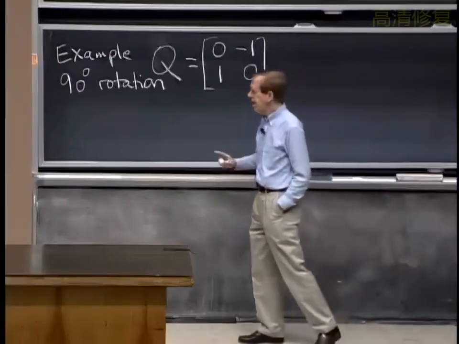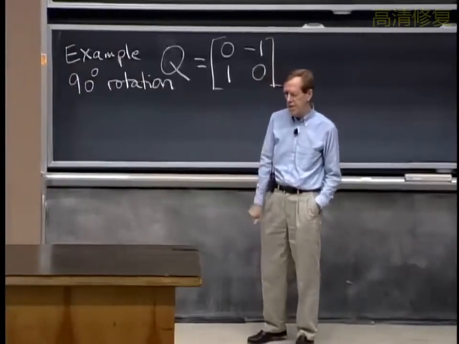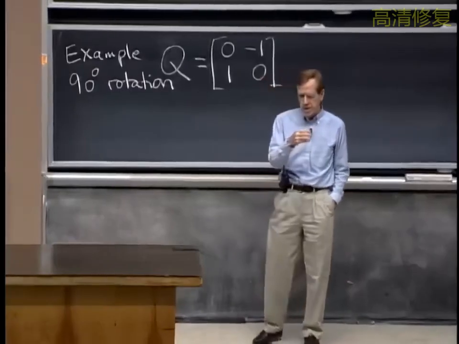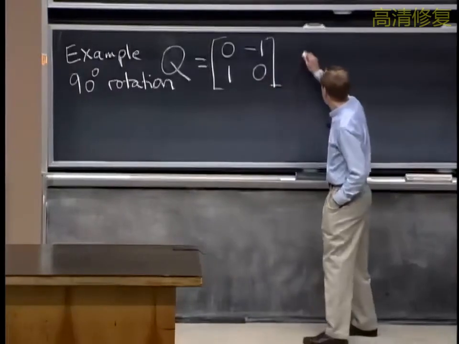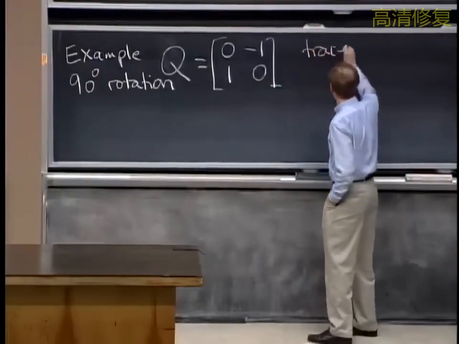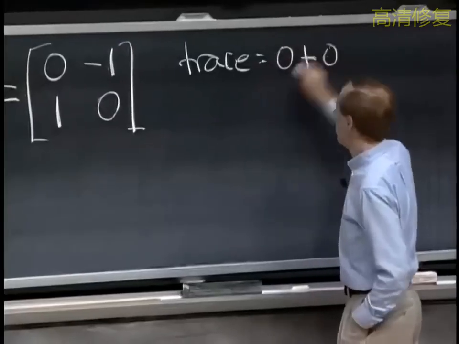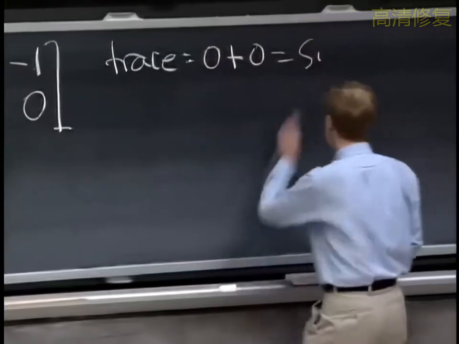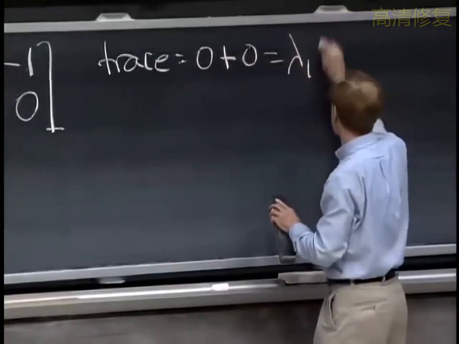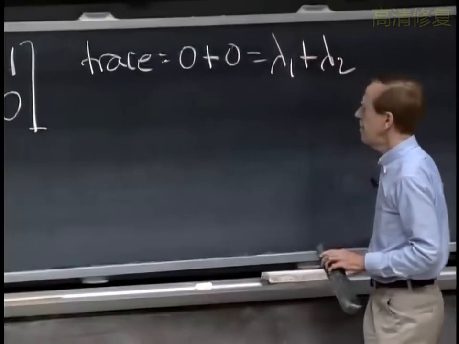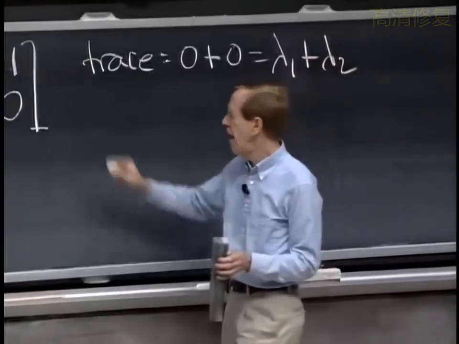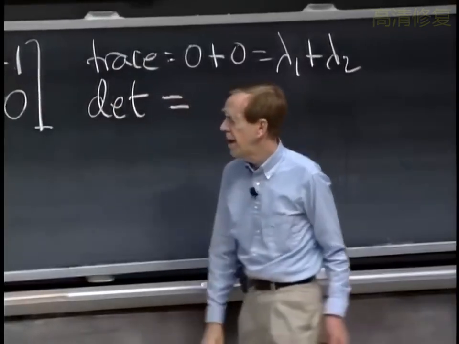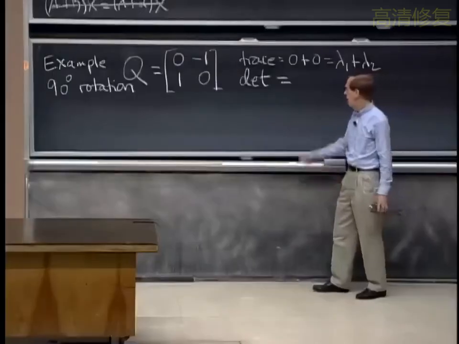We pointed out how that 8 appeared in the quadratic equation. So let me just say this. The trace is 0 plus 0, obviously, and that's the sum, lambda 1 plus lambda 2. Now, the other neat fact is that the determinant, what's the determinant of that matrix? 1.